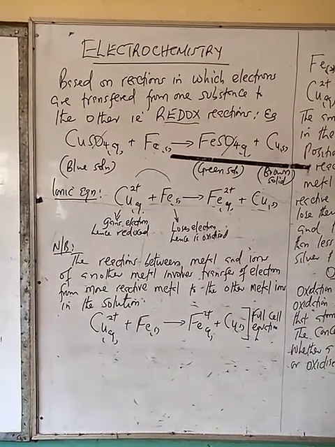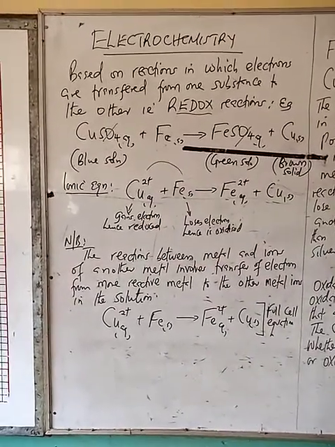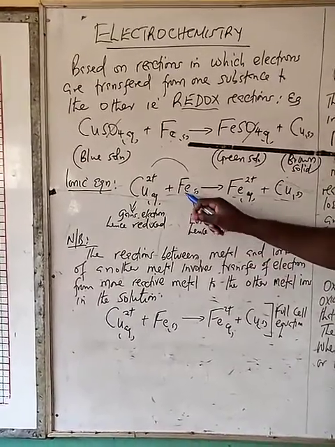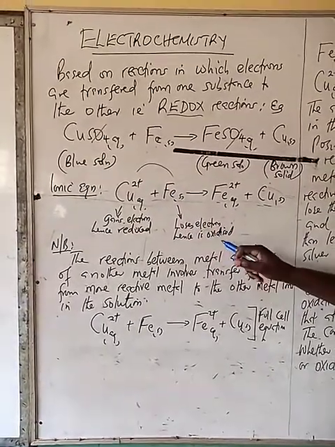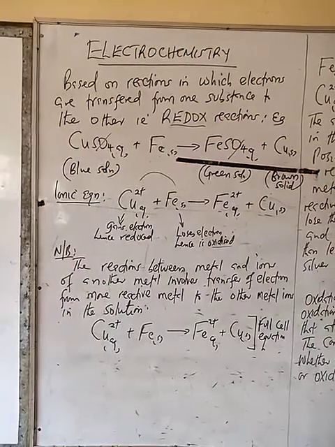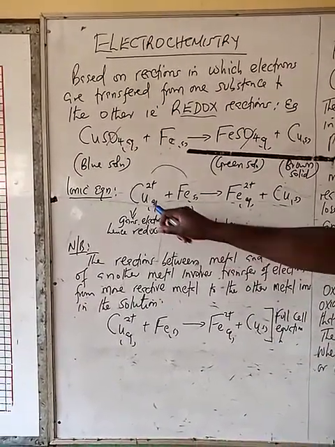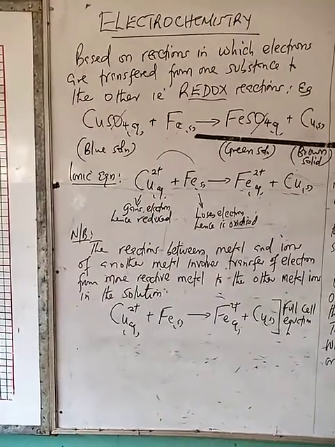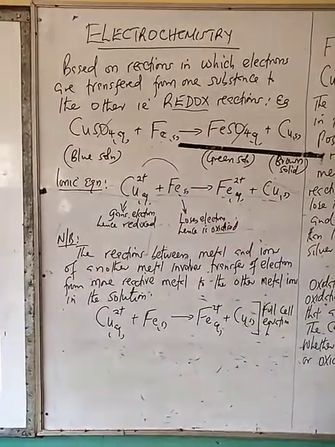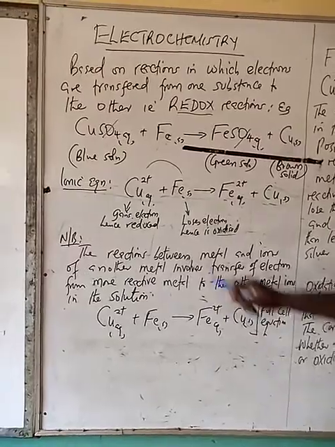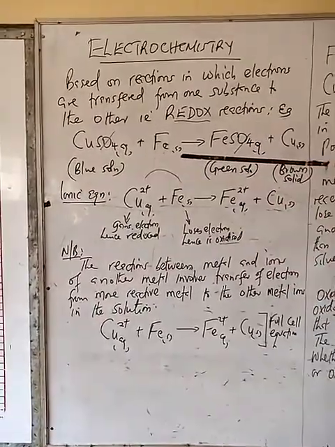That is to say, the gain of electrons is reduction, while iron is losing electrons, hence it is oxidized, because the loss of electrons is what we call oxidation. So as copper(II) ion is being reduced, iron is being oxidized. This kind of reaction is what we call a redox reaction.